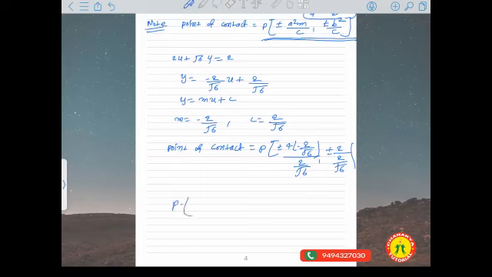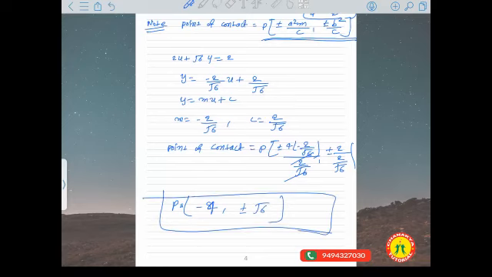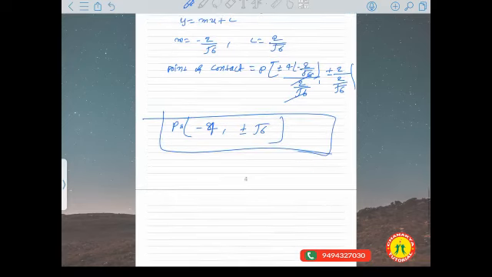P, the point of contact, is root 6 cancels out and 2 cancels out, minus 4 comma plus minus 2, root 6 cancels out. This is the point of contact, minus 4 comma root 6.